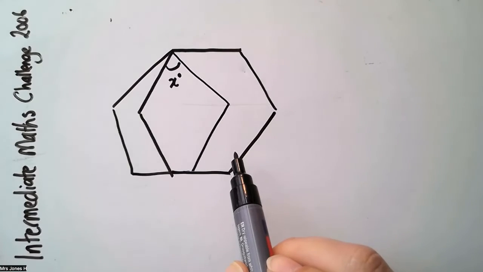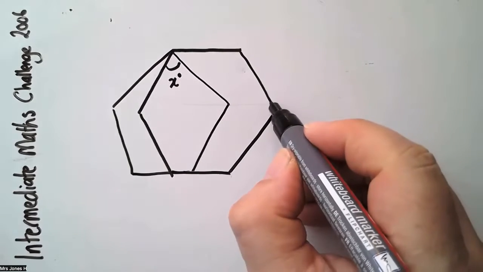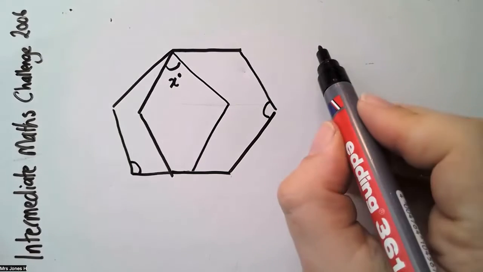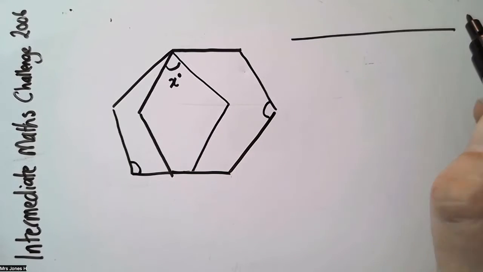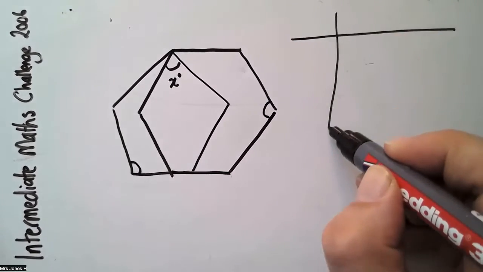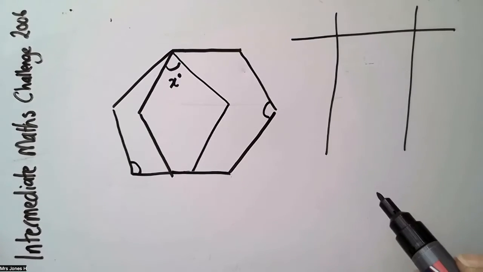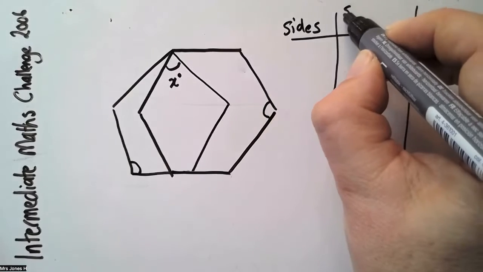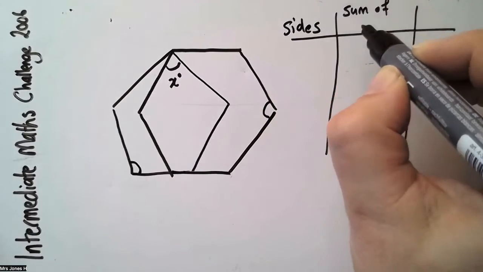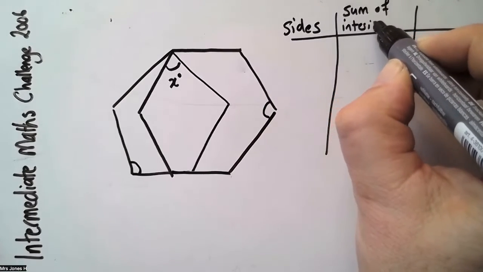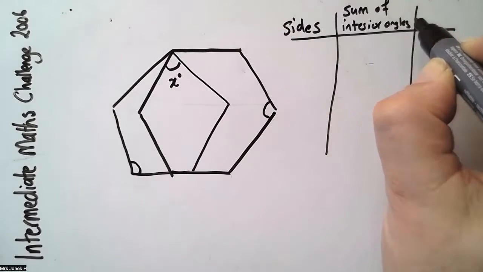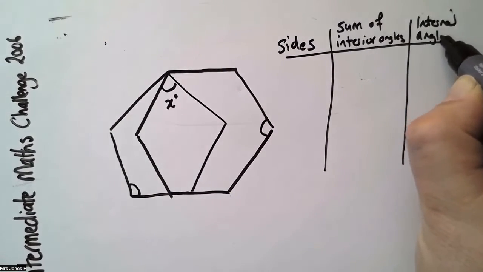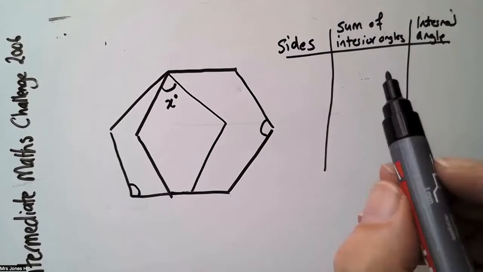There's certain key information that we know about the internal angles of a pentagon and a hexagon. I like to put them in a table. I find that logically it makes sense. So this is the number of sides of a shape. Now we're talking about regular shapes here.